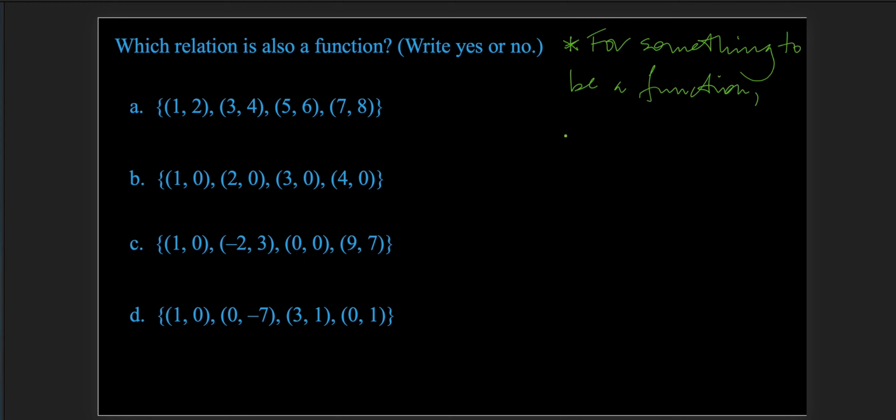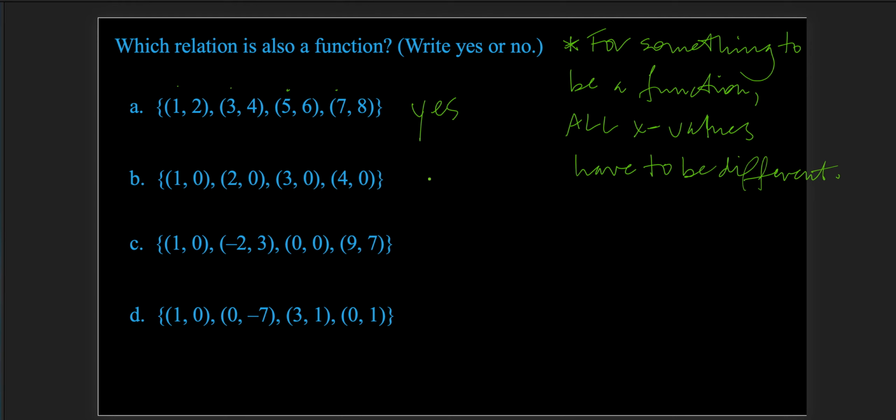For something to be a function, all x values have to be different. That's all you need to know. It doesn't matter what's going on with the y values. Totally ignore the y values. So you just check, like in A, that the x values are different. We have 1, 3, 5, and 7. They're all different. So yes, this is a function that actually makes something workable.